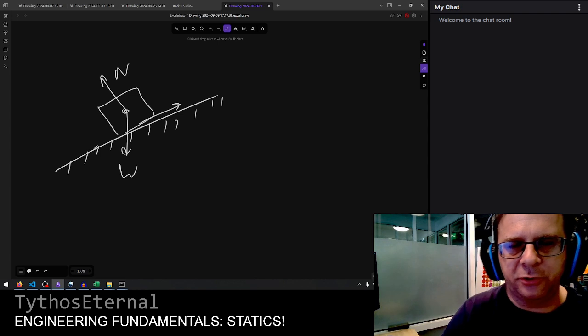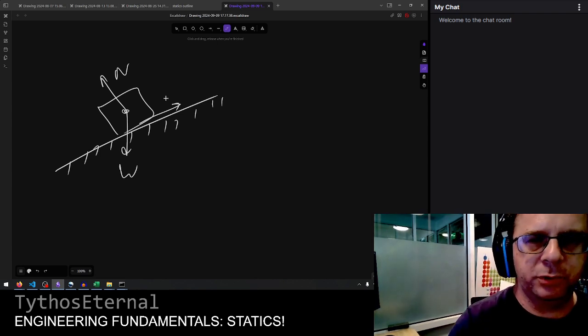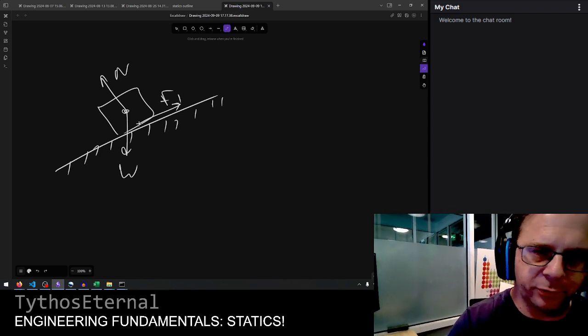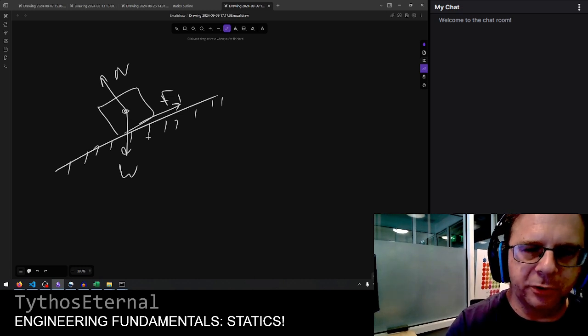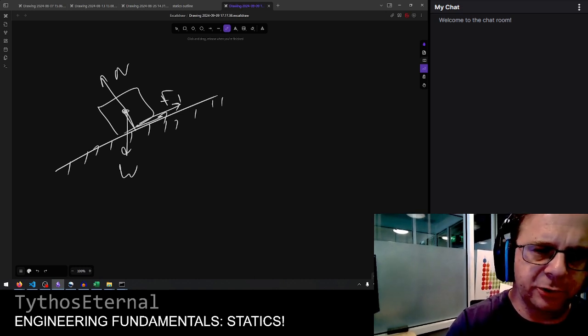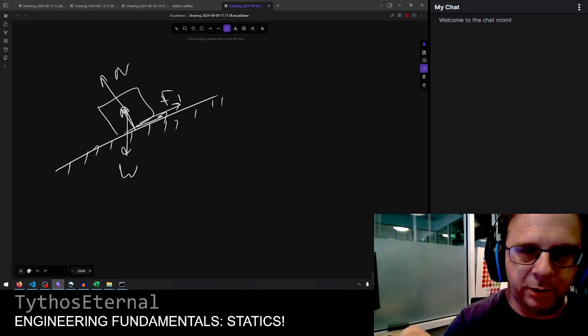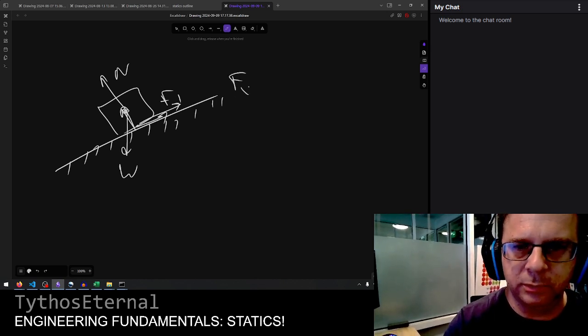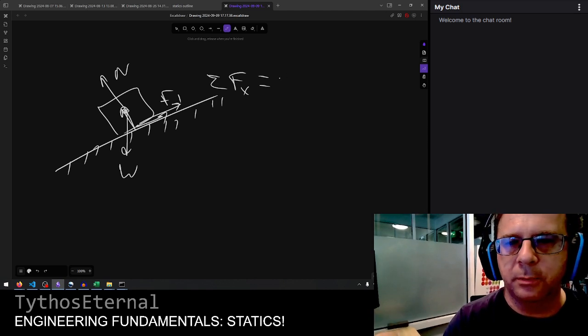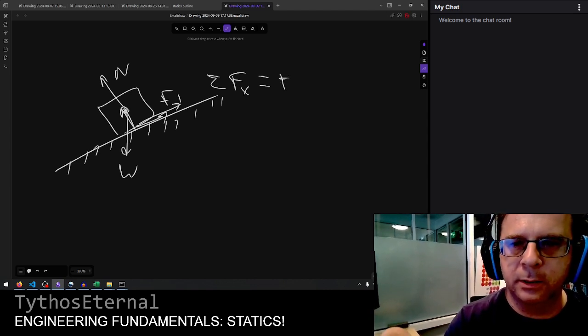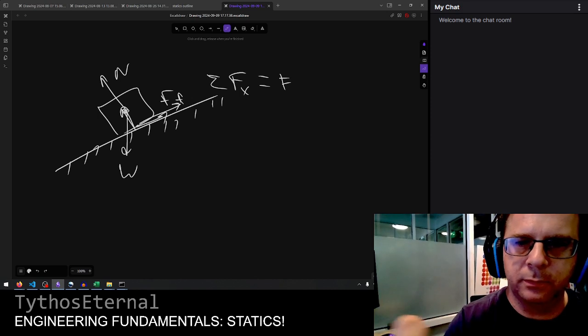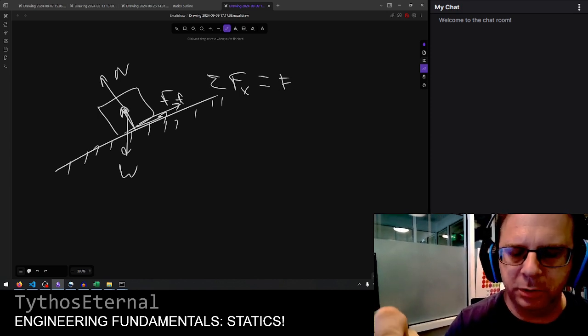For a static system, we know all of these things have to sum to zero, right? Let's define a frame here that says y in this direction and x in this direction. So let's sum the forces in x. So this is mu N, right?